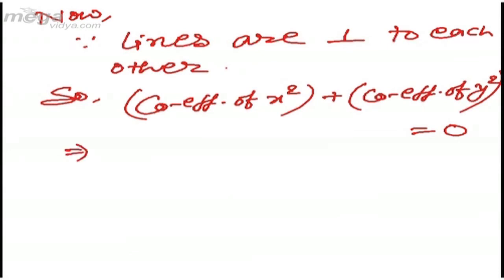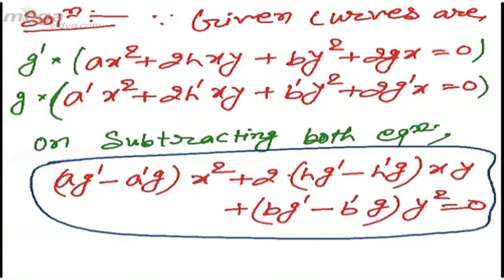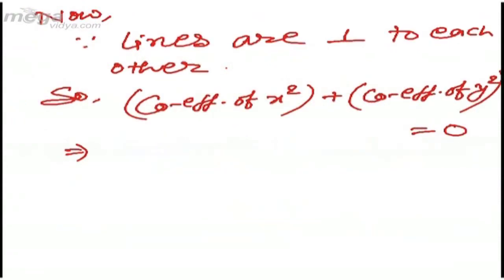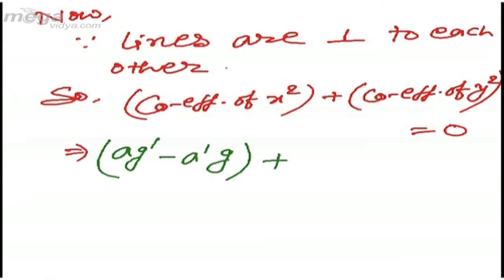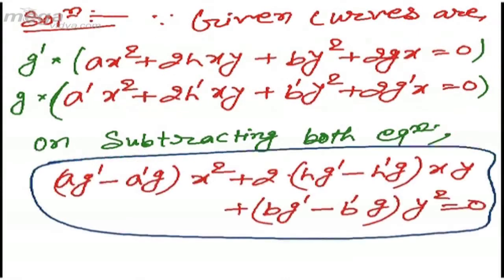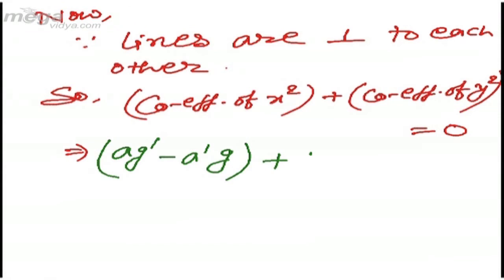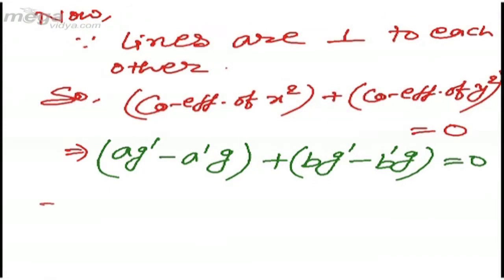Here the coefficient of x square is a g dash minus a dash g. So you can write a g dash minus a dash g plus the coefficient of y square, which is b g dash minus b dash g, equal to 0.